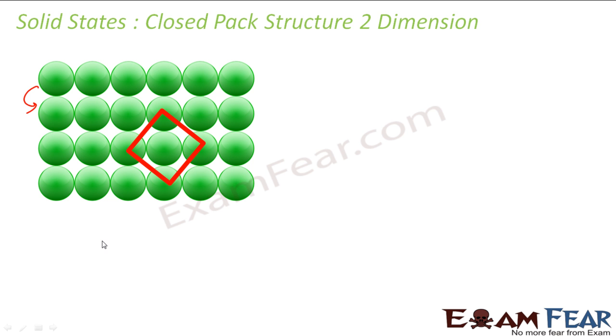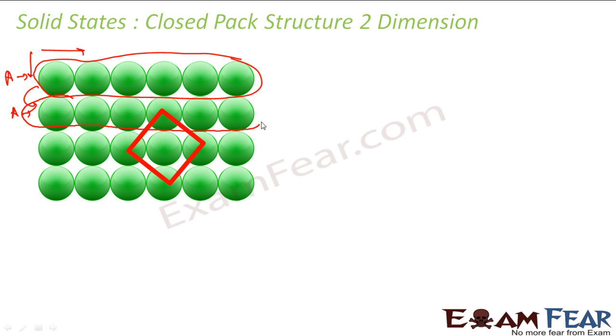All the spheres are aligned both horizontally and vertically. This is called AA type pattern, because if this is my A, the next layer which I joined was also the same style. The same style. This is called AA type pattern.